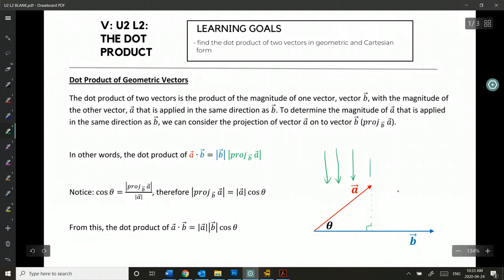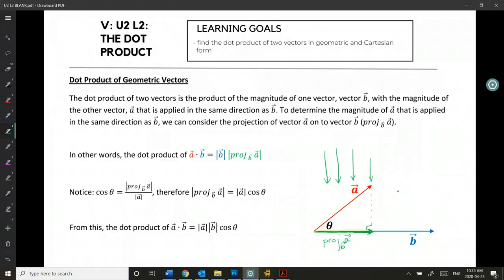The sun rays stop here and the shadow gets projected down onto vector B. And so we have a little component of vector A that actually goes in the direction of vector B. This is the part of A that shines onto B, or goes in the same direction as vector B, and we call this the projection of vector A onto vector B.